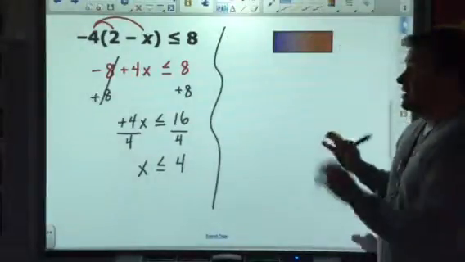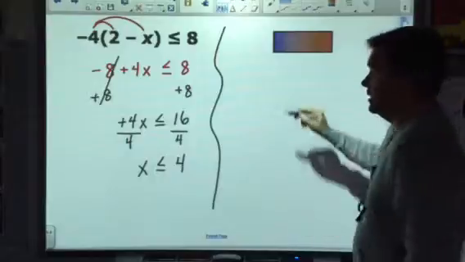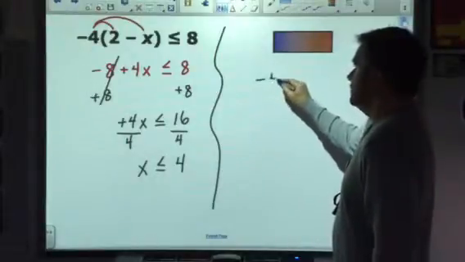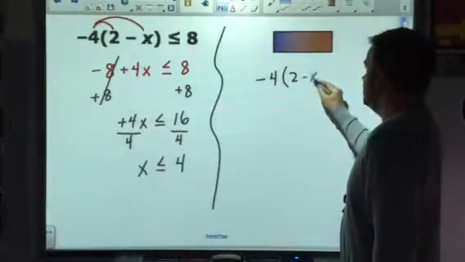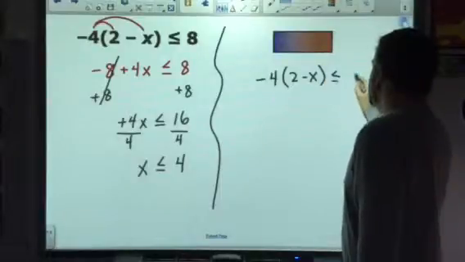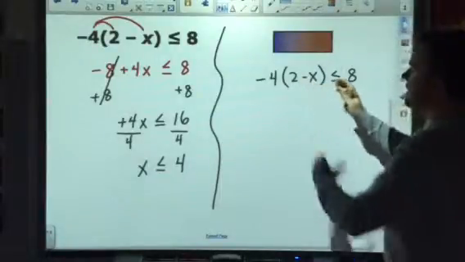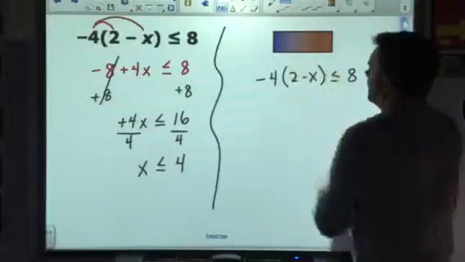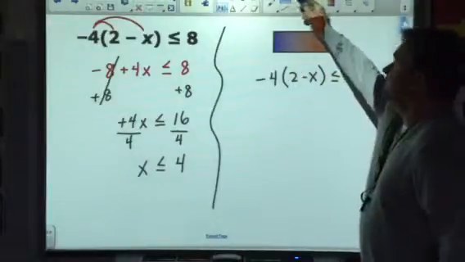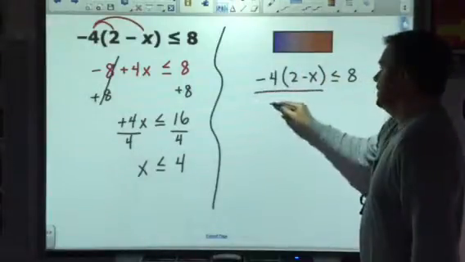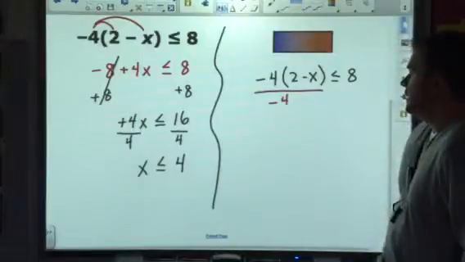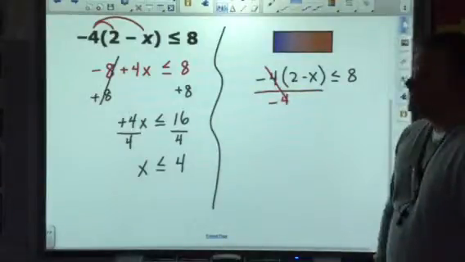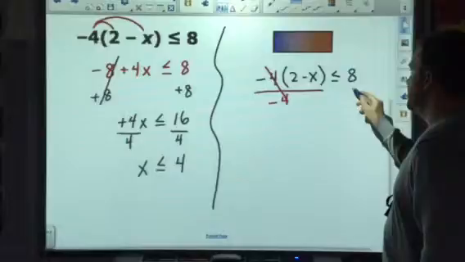This one is pretty easy to solve by doing another method, and here's what we could do. Okay, it's saying -4 times this whole entire thing. Well, if I divide this whole entire thing by -4, these will cancel out, and I do the same thing to this side.